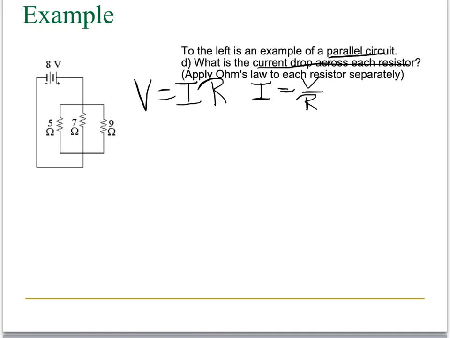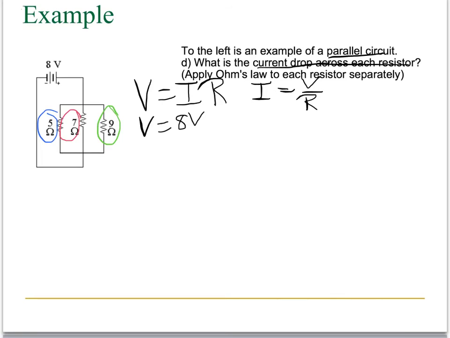We know that our voltage is always going to be 8 volts. But for the individual resistors, let's color code them. We'll do one in blue, the second in red, and the third in green.